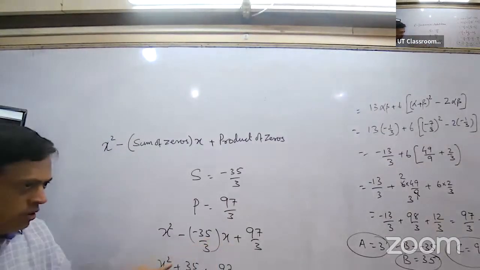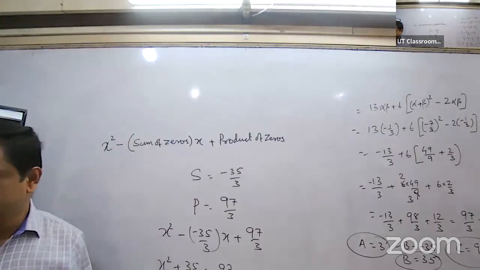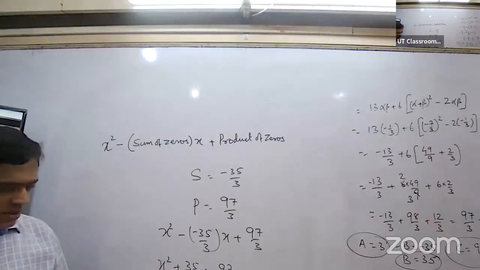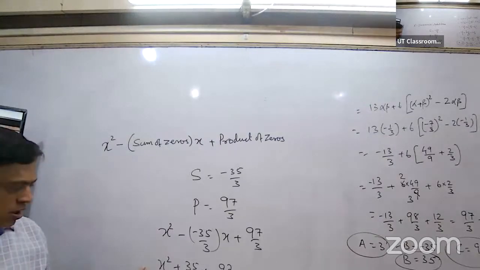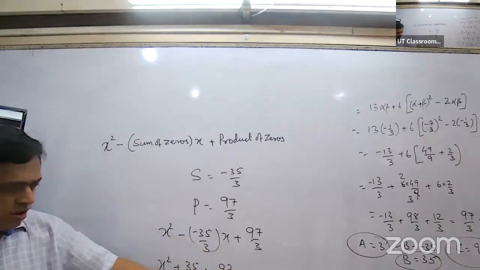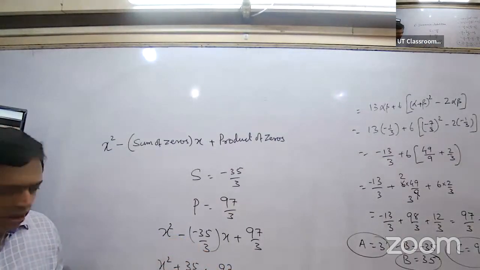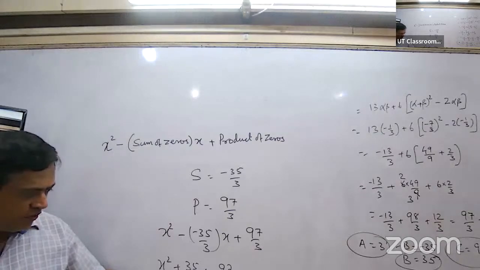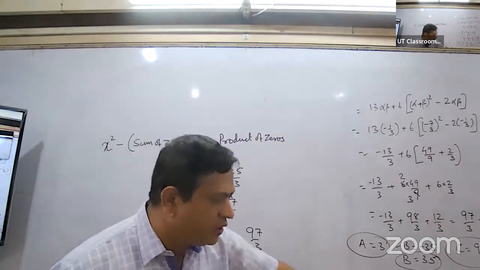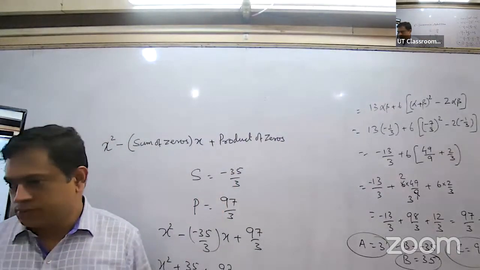What you are getting there and what you are getting here look like two different things, but both are the same. If you multiply this by 3, you get 3x square plus 35x plus 97. Either you write this way or that way, both are correct answers.